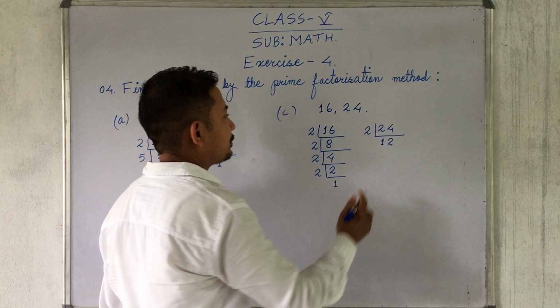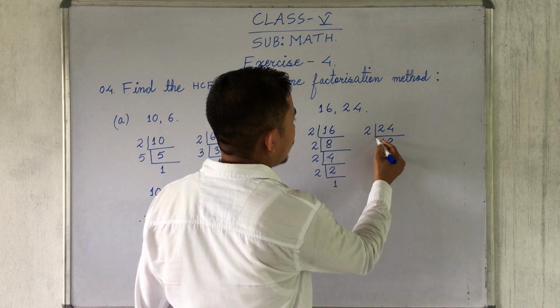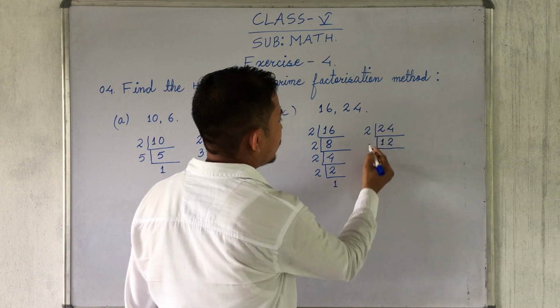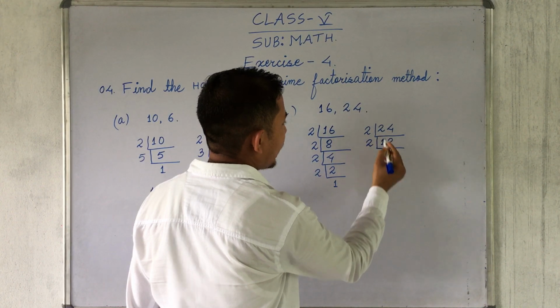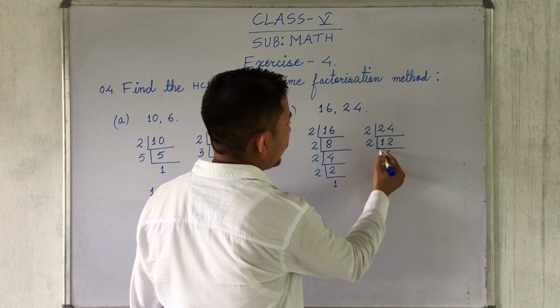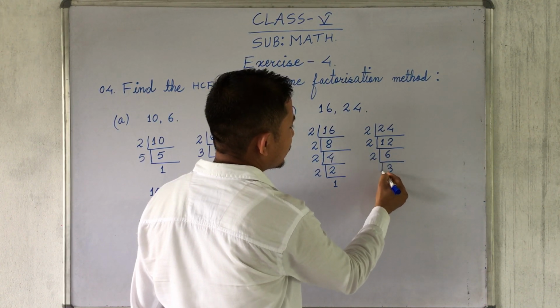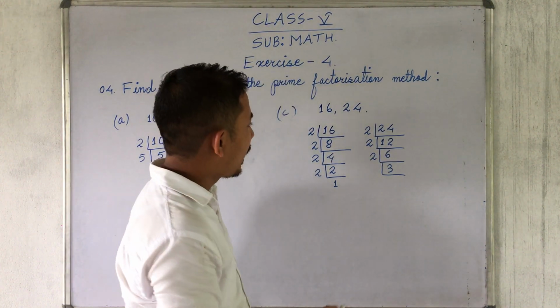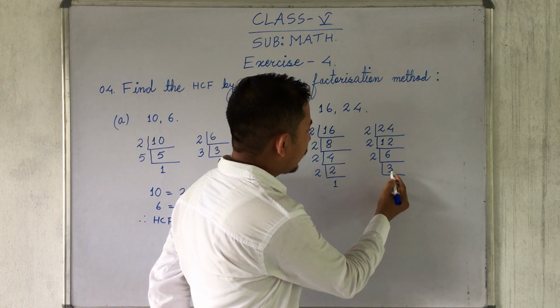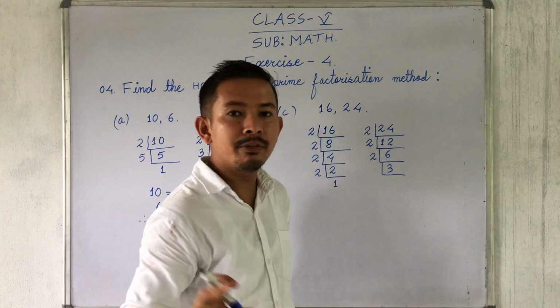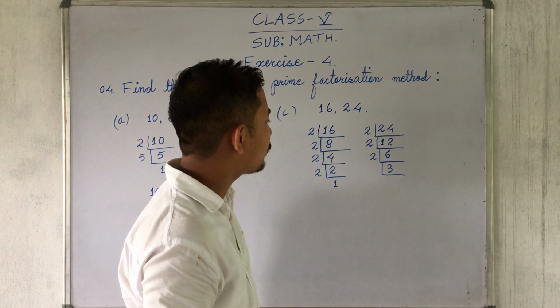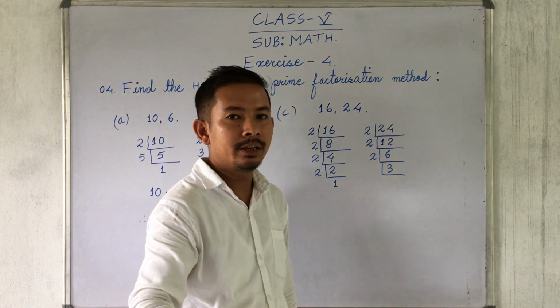Understood? So now 12 is also divisible by 2, right? So 6 times 2 is 12. This 6 is also divisible by 2. 3 times 2 is 6. Understood? And in the same way, at last 3 is not divisible by 2, because 2 is not a factor of 3, so we have to try by 3.